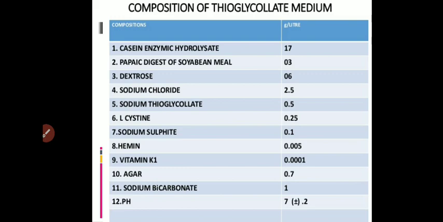In this thioglycolate medium, we grow our actual strain for the production of tetanus toxoid.